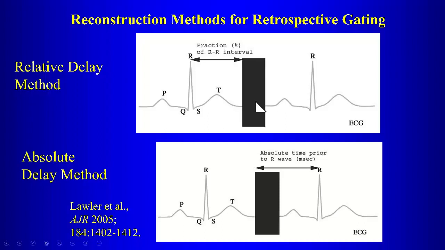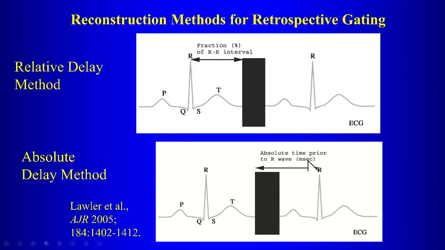Because first, you want to be in diastole, and second, you want to be away from this guy. What is that guy? P wave. Why do you want to be away from that? The atrial contraction. That's where you get atrial contraction, right? So that introduces motion into the image, right? So that's why we tend to reconstruct in that range there, about 70, 75% is where you like to start.